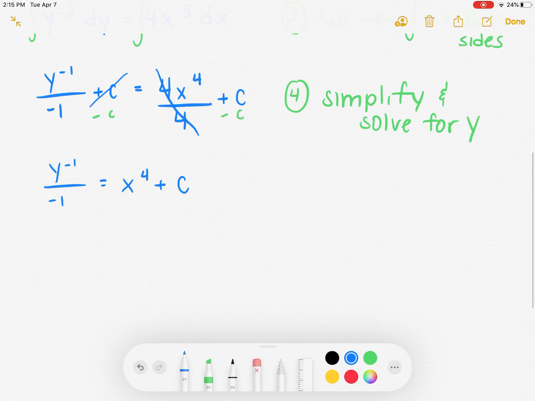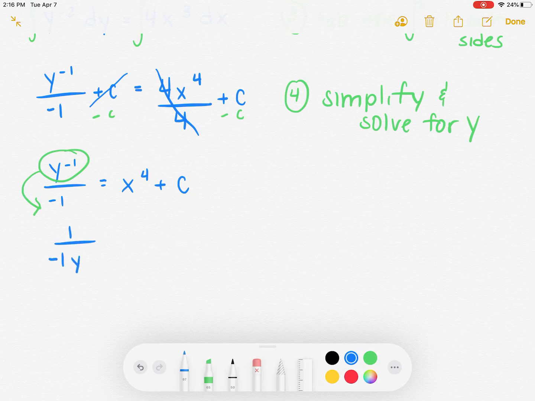So then I'm going to rewrite it so that I don't have a negative exponent, which is going to mean my y to the negative 1 is going to come down to the denominator. So when I take everything out of the numerator, I have to hold that place with a 1.